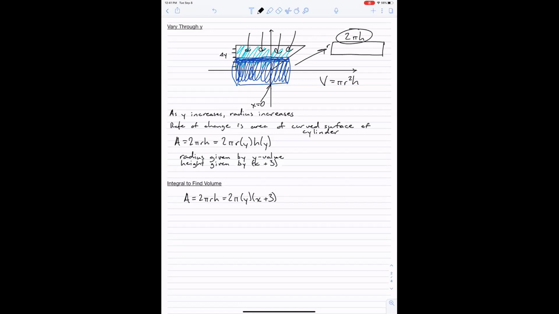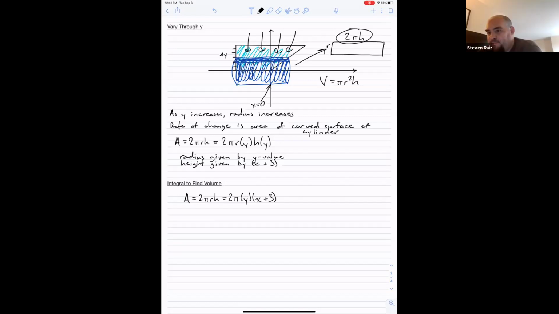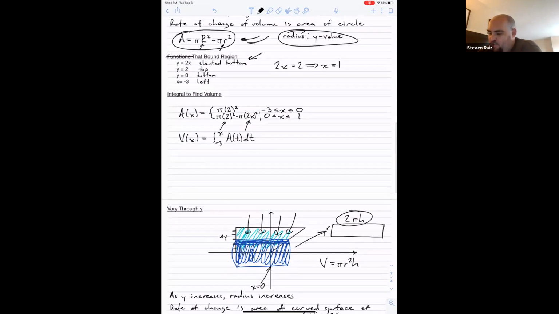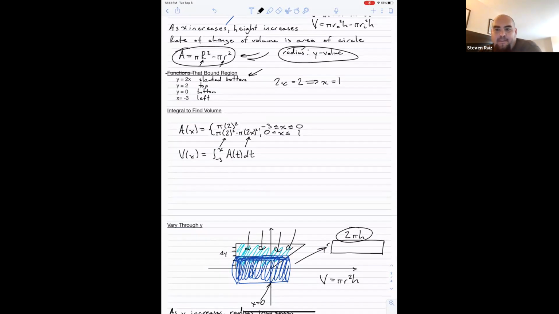Our goal is to get this thing represented in y. Is there a way I can represent that x in terms of y? Do we know anything about how x and y are related here?